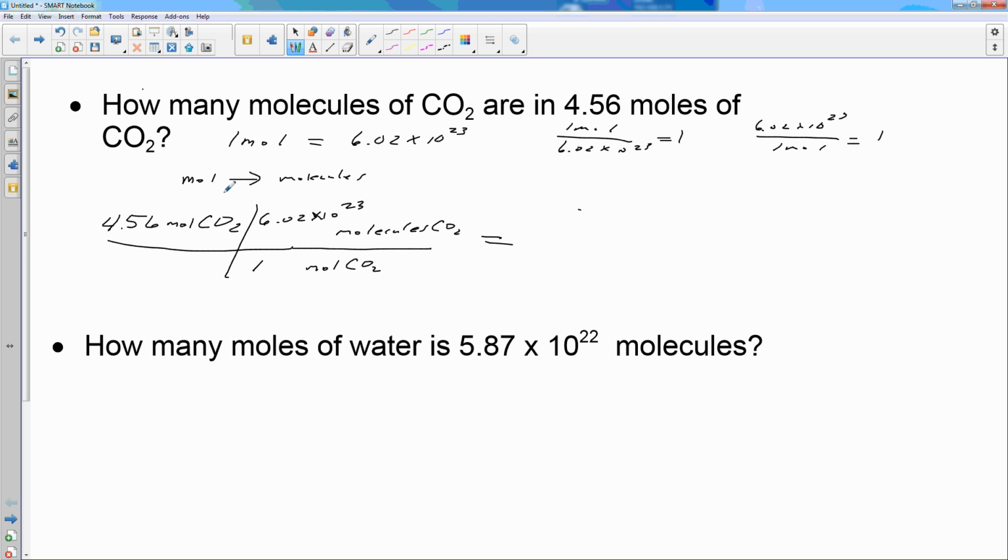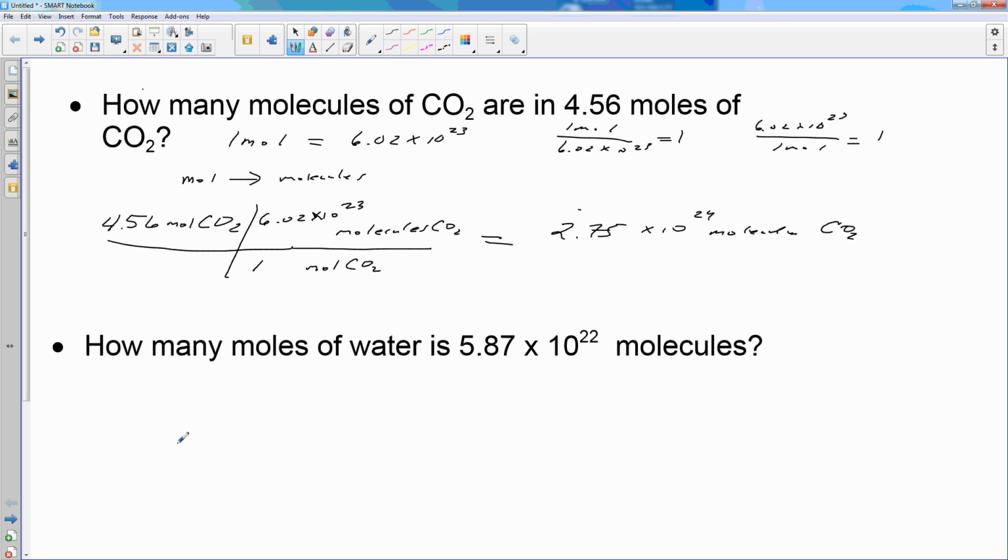All we have to do is simply multiply, because we're dividing by 1, and we don't need to put that in our calculator. So multiply the top of the bracket, and you should come out with something close to 2.75 times 10 to the 24th. And this is going to be molecules of CO2.